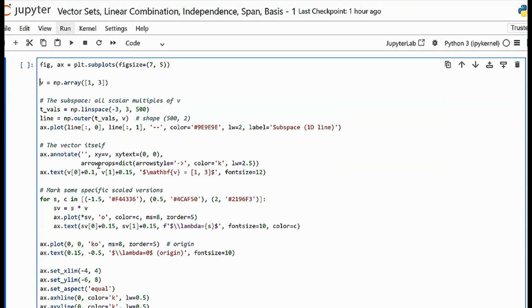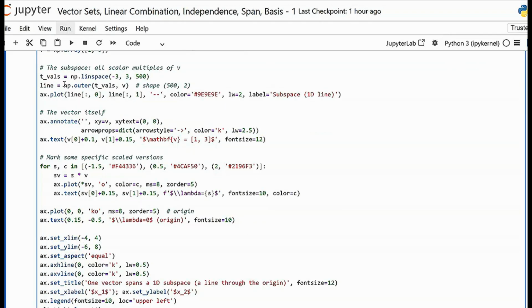Now let me create the span of one vector, which is all scalar multiples of the vector. Kindly observe, this generates 500 scalar values between -3 and 3, given by using linspace.